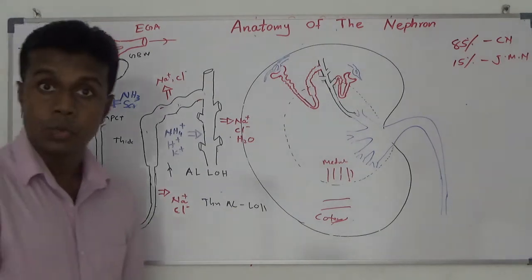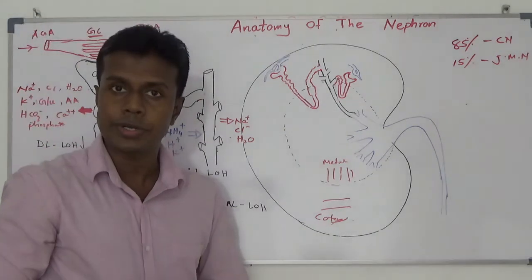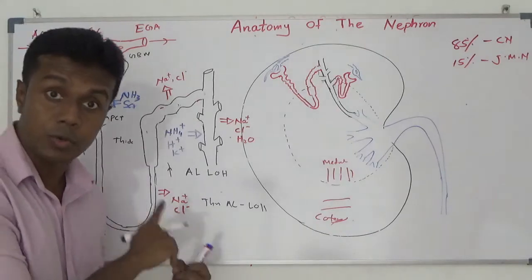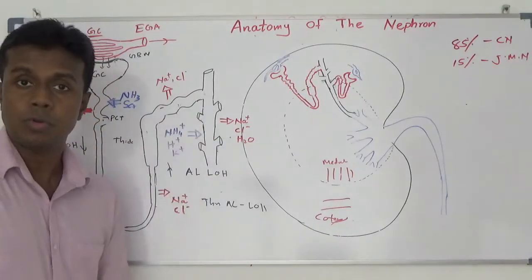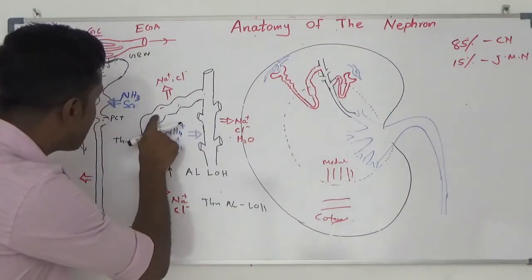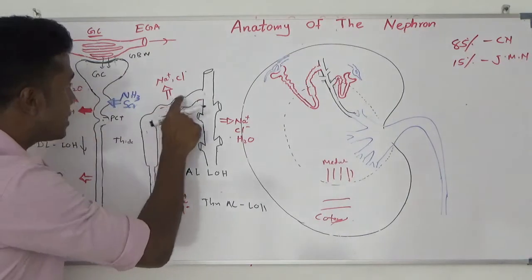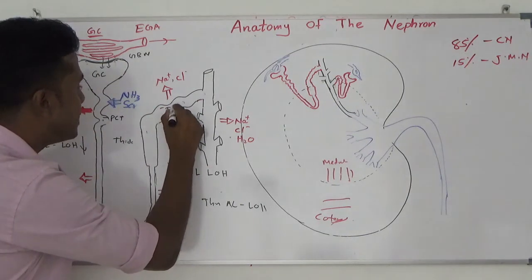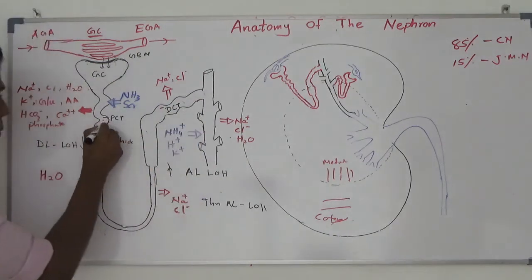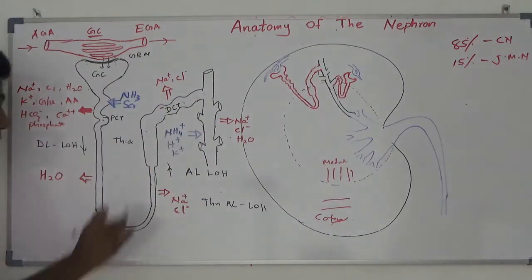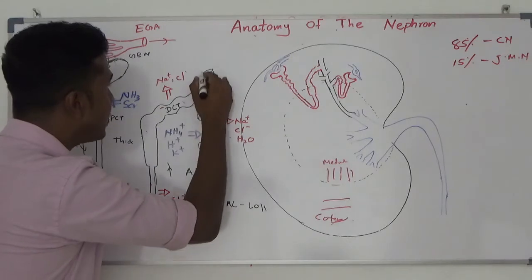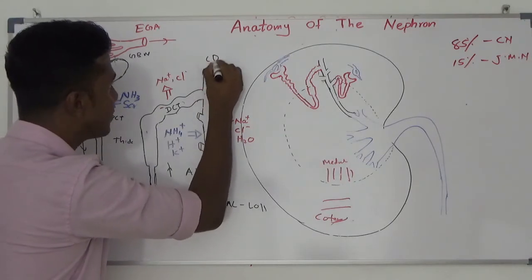After that, your nephron tube is again convoluted. The initial part is convoluted and the later part is also convoluted, so we call it the distal convoluted tube. This one is the proximal convoluted tube. This distal convoluted tube connects into the collecting duct.